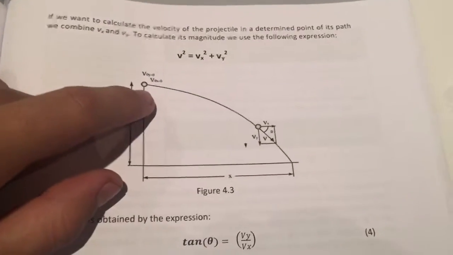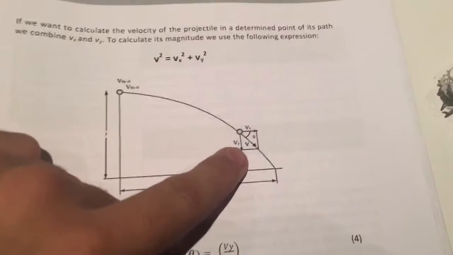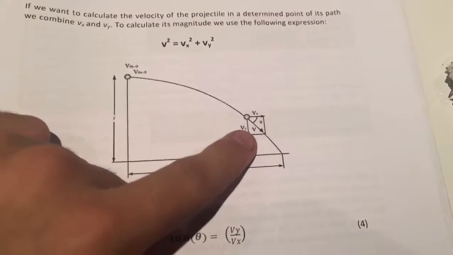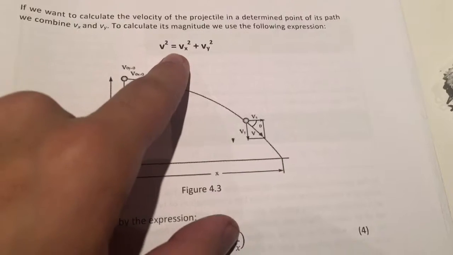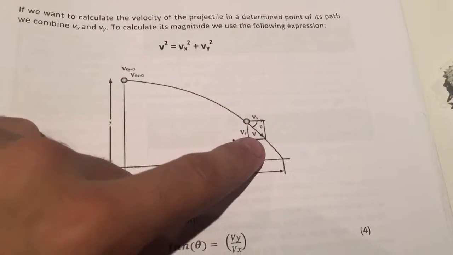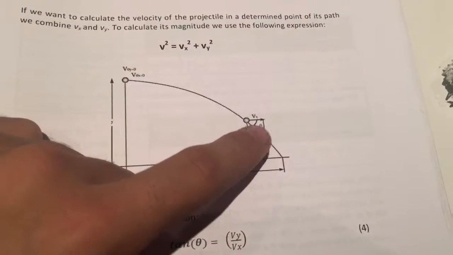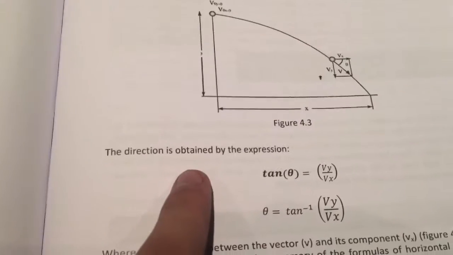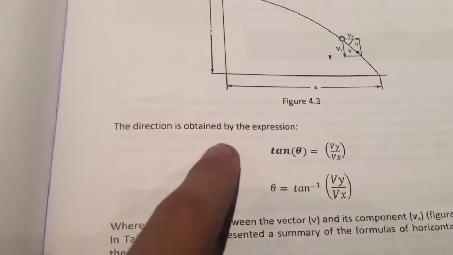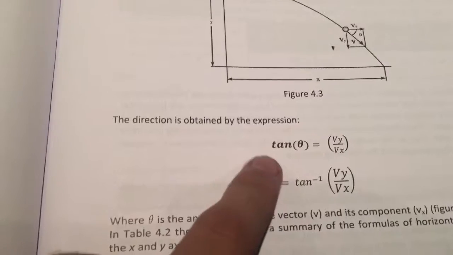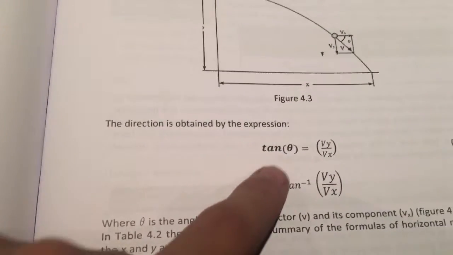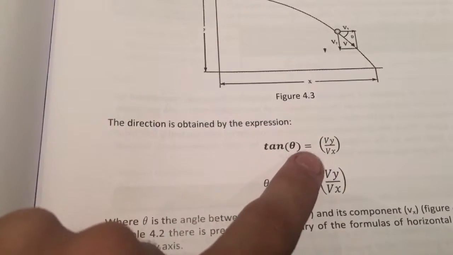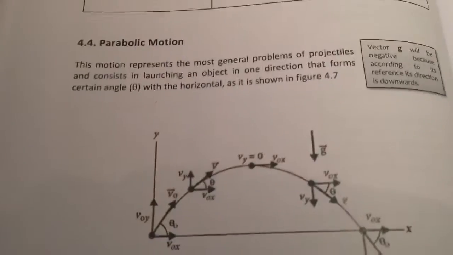Here we want to know, at this point, what was the velocity of the object. We use this formula to get the result. We can get the direction of the object with this formula: tangent is equal to vy over vx.